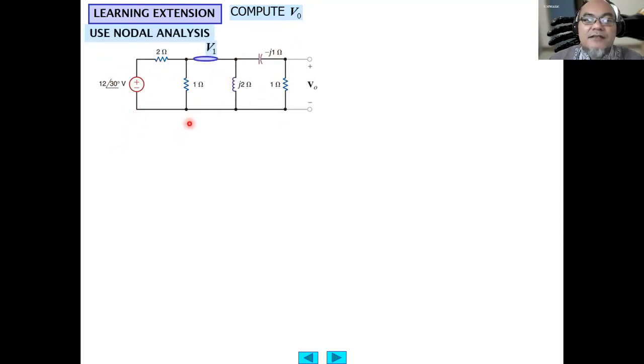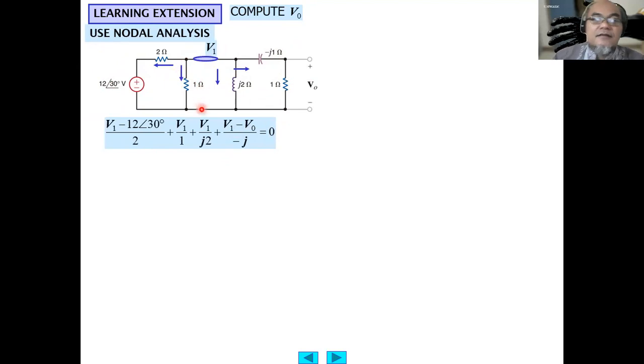If you use nodal analysis, this becomes a single node V1. V1 minus 12 divided by 2, this current, V1 minus 0 divided by 1, V1 minus 0 divided by j2 ohm, and this part, V1 minus V output divided by minus j.